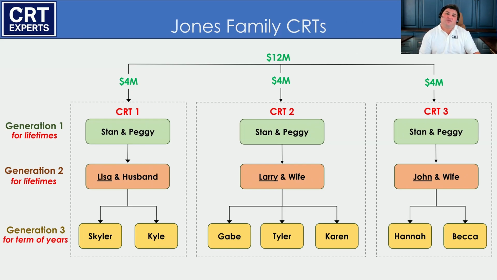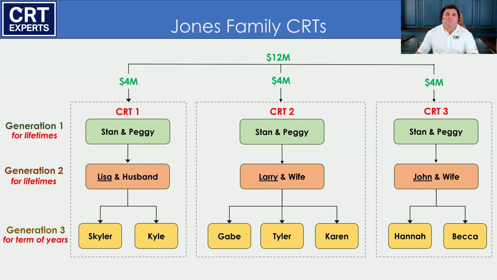And so what that means is, we'll talk about the 10% test here in a bit in terms of structuring the CRT, but that will limit the ability, if we're trying to use one CRT, to include as many family members as we want. So we can use three CRTs. In this case, we had $12 million of real estate that ended up going equally into three CRTs. What that does is it makes it easier to pass that 10% test and qualify the CRT.